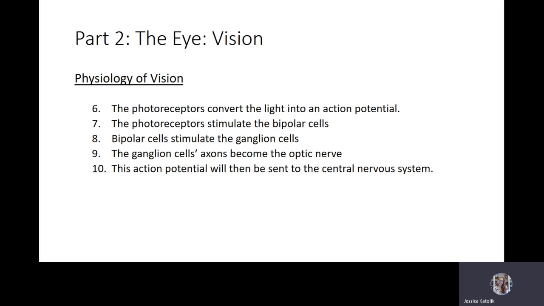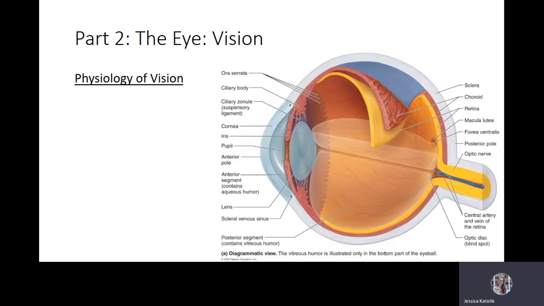But instead of focusing on text, I would like to illustrate the physiology of vision on a diagram. We've been looking at this diagram as we've been studying the anatomy of the eye, so let's go through the steps of the physiology of vision together.